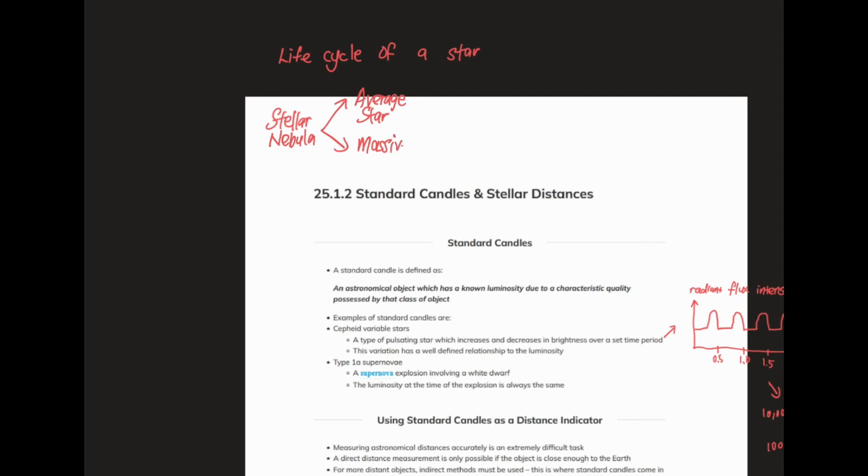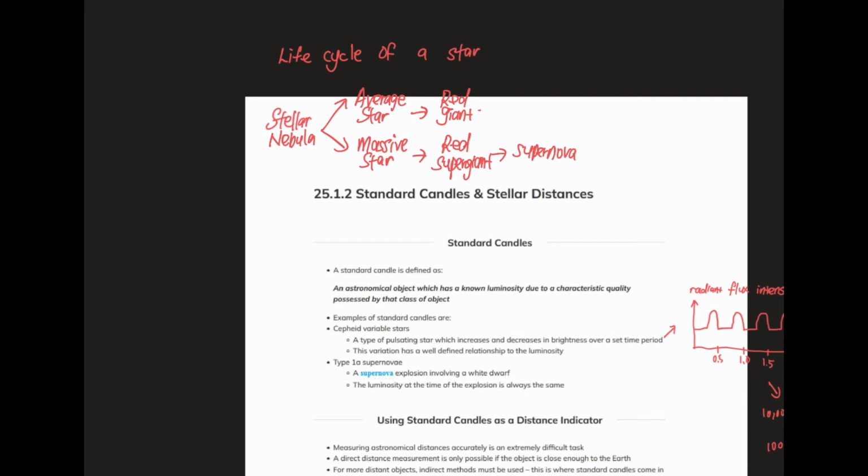A massive star is a big star. So our sun is an average star. The average star will become a red giant after many years. But the massive stars will become a red supergiant. And then after that, it will become a supernova. So the supernova is this one.